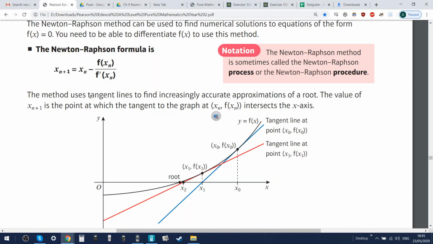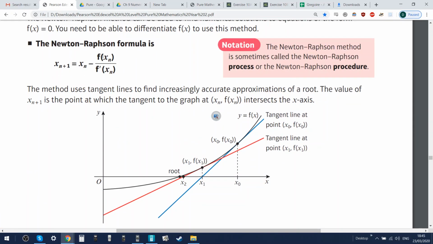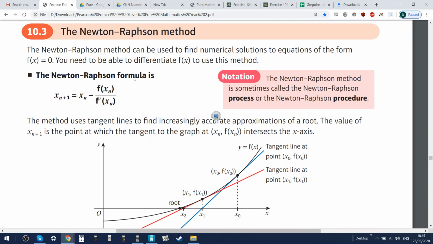That's you subbing in the answer, so it'd be answer minus f of answer over f dash of answer.